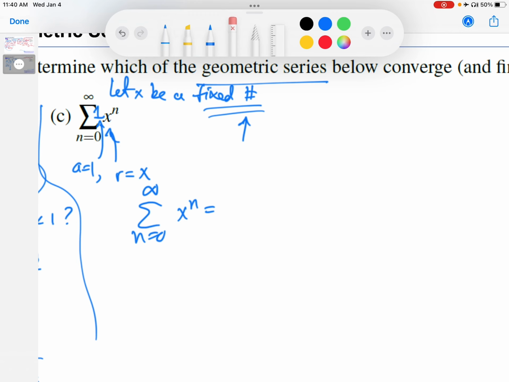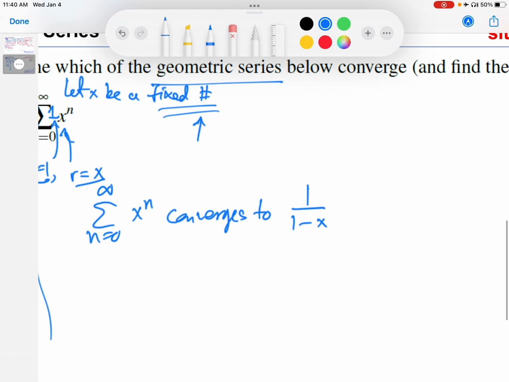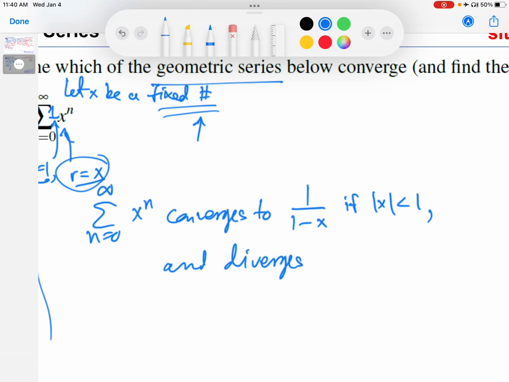I'll just say in English, converges to a, which is 1, over 1 minus r, which is x, if absolute value of r, which is x, is less than 1. And diverges if absolute value of r, which is x, is bigger than or equal to 1.